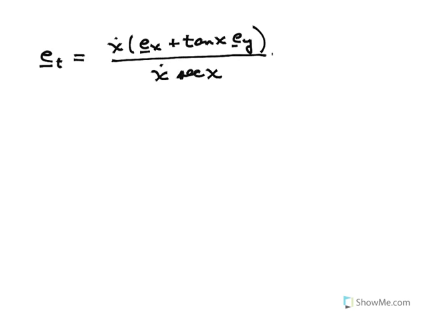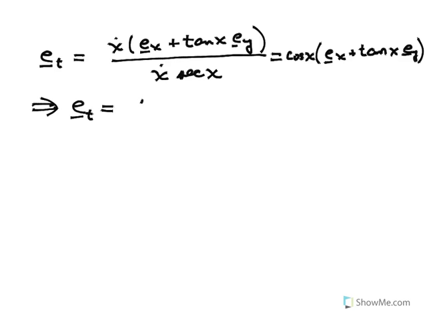But the secant is 1 over the cosine, so this is equal to the cosine of x times ex plus the tangent of x times ey, which gives that the tangent vector is equal to cosine of x times ex plus the sine of x times ey. Now you can see that the tangent vector is expressed in terms of the basis ex, ey, ez, which is fixed to the track.